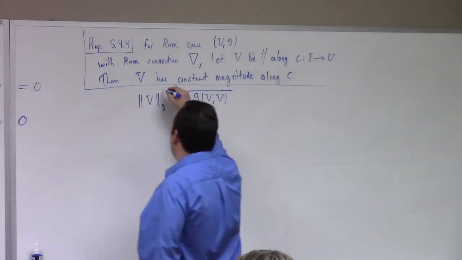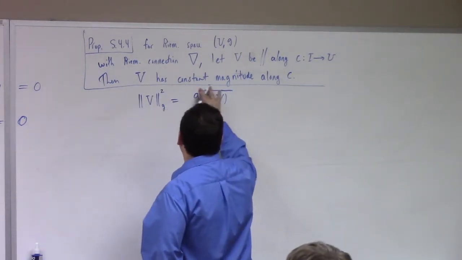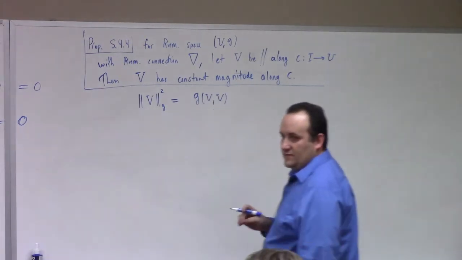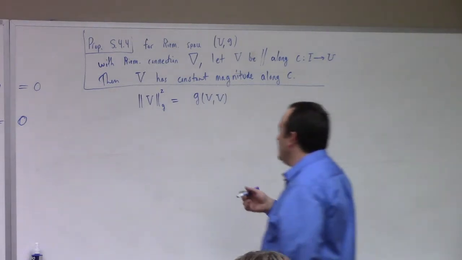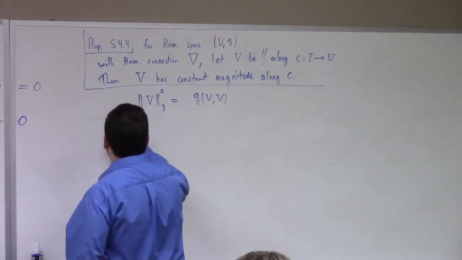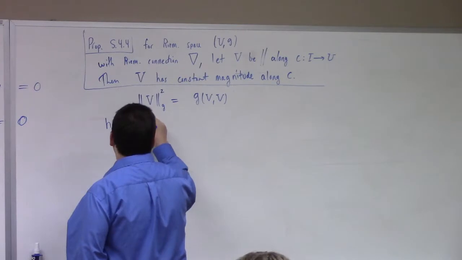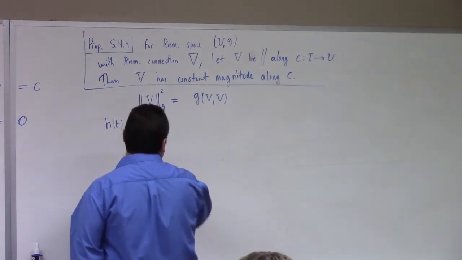If you can show the square is constant, then that also suffices, right? If the square is constant, it's constant here. So what he does is he says h of t is equal to g, right?